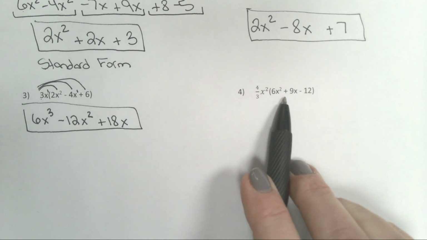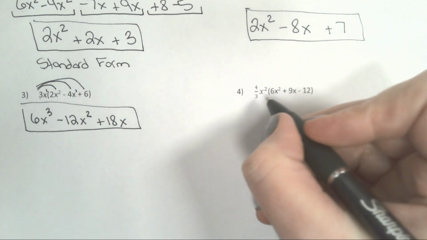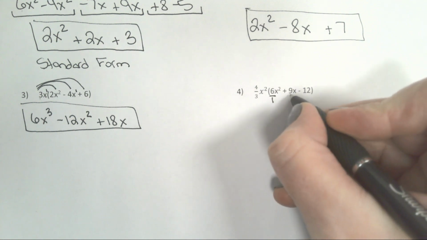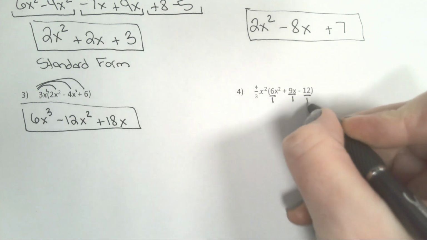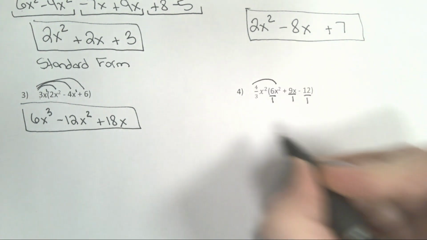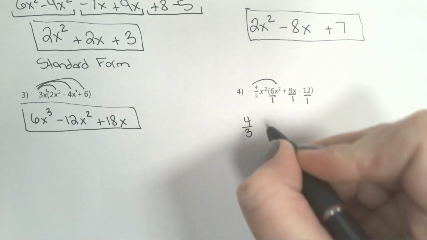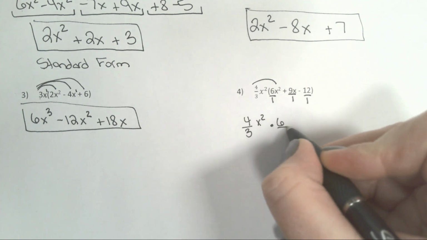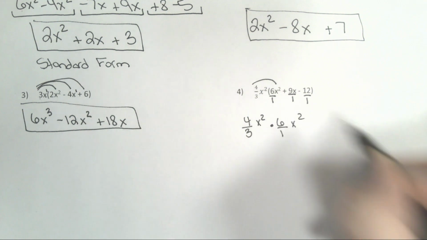Here I have a fraction that I'm distributing in. So when you have a fraction times something that's not, I recommend that you put those numbers over 1. So when I take 4/3 x squared times, it'd be like times 6 over 1 x squared.